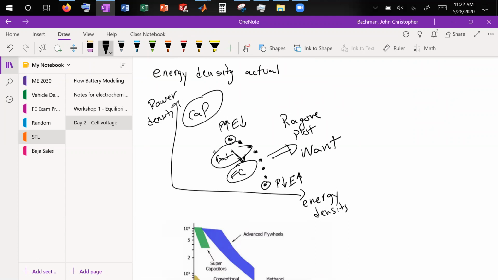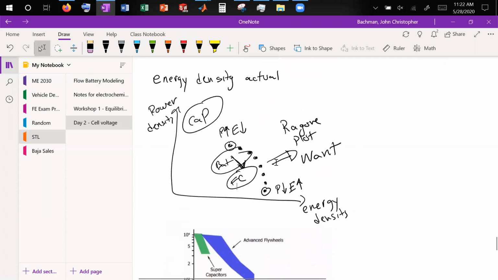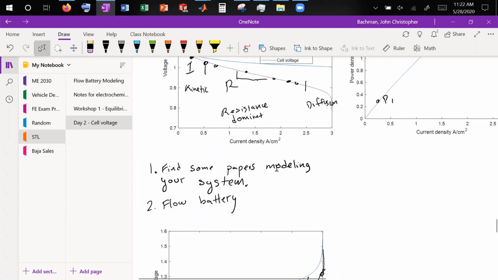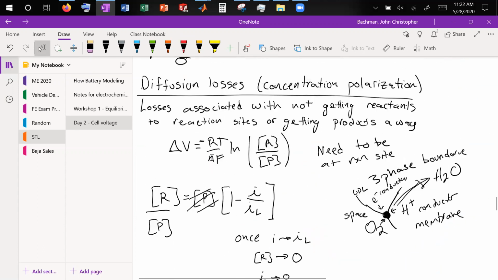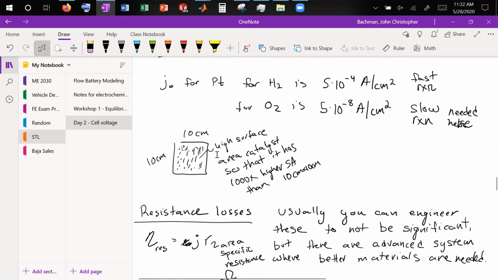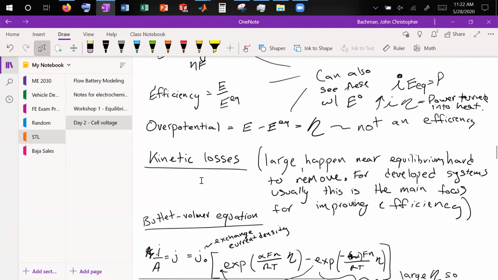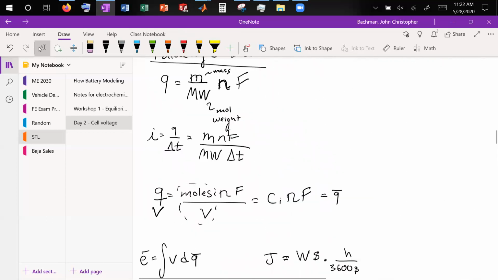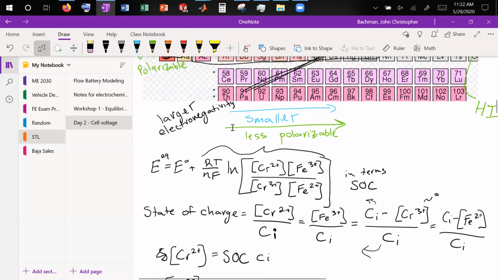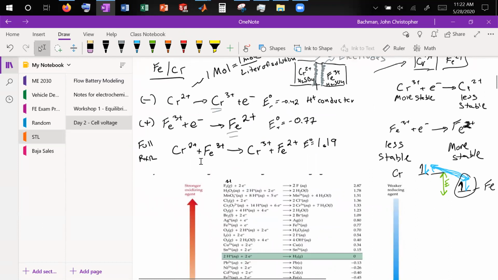Okay, so I think once you have this, when we go into some of the more detailed stuff, you'll understand we're basically just trying to get at what the diffusion losses are, what the resistance losses are, what the kinetic losses are in our system. And at the very start, what is the equilibrium if we just went super slow and didn't have any losses?